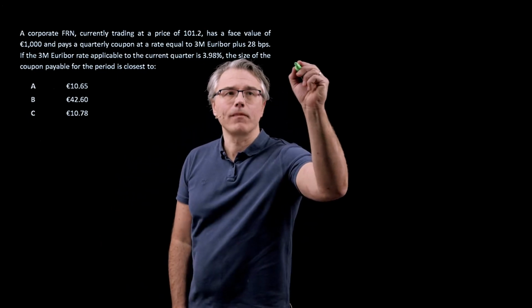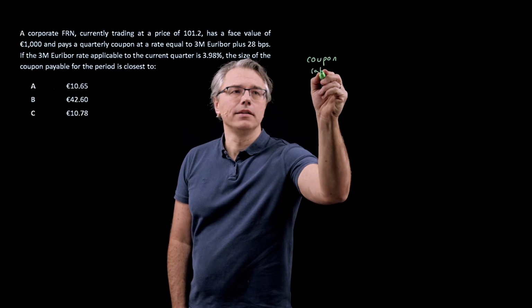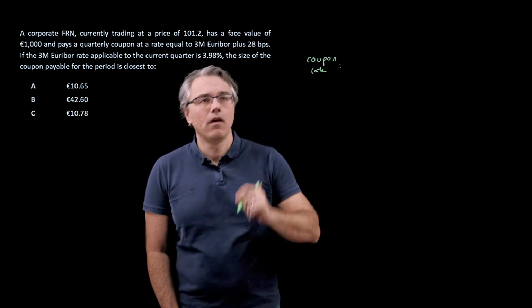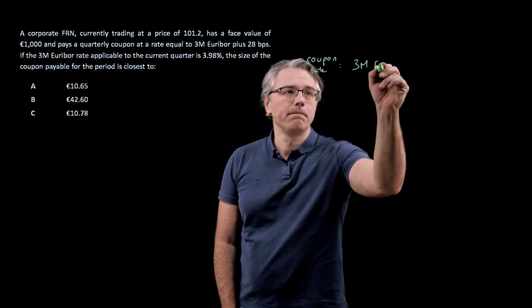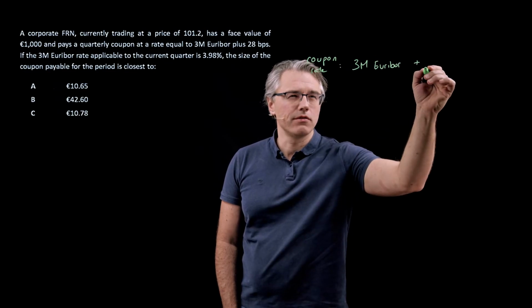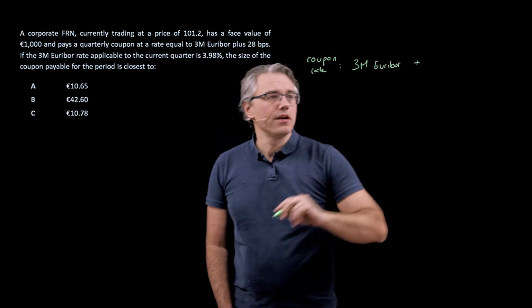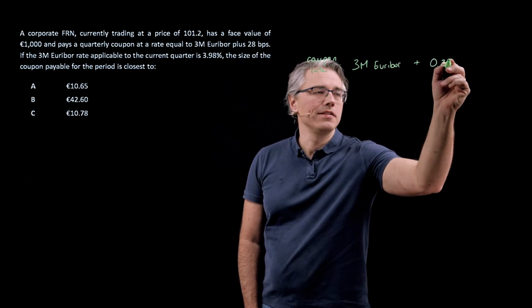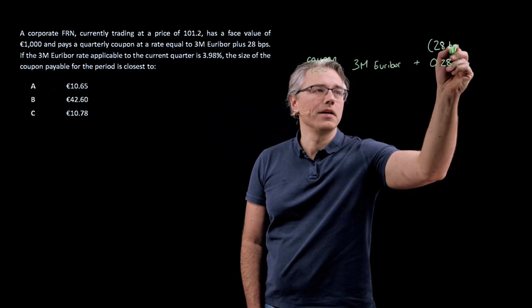So the coupon rate is 3-month Euribor, the MRR plus 28 basis points. Yeah, so 0.28%. That's what we mean by basis points.